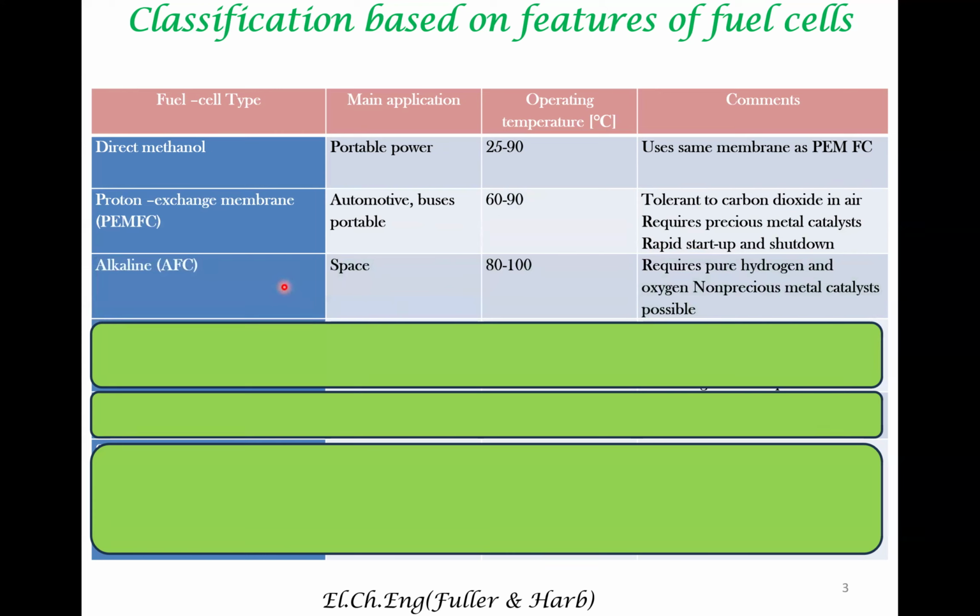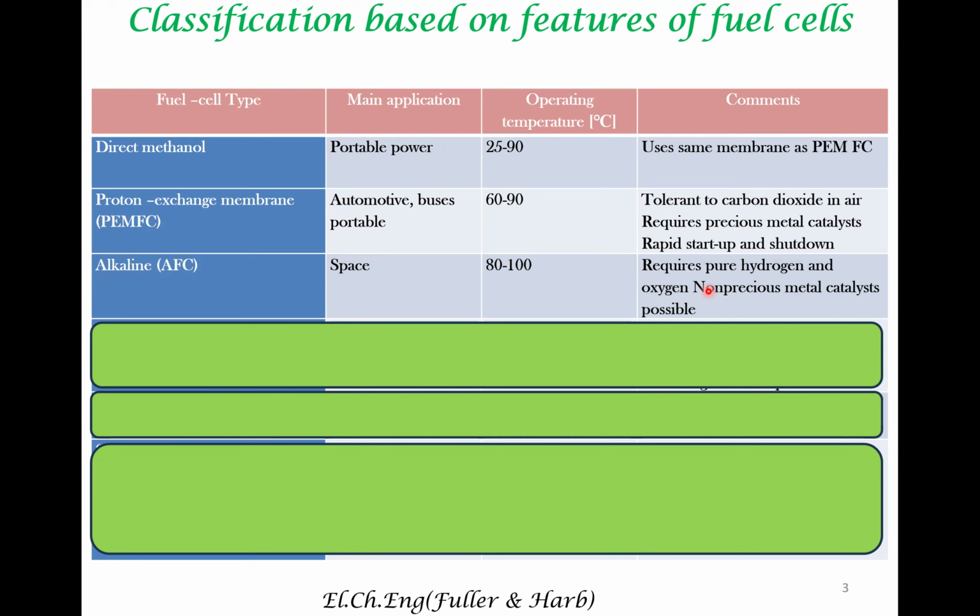There is the alkaline fuel cell, which is susceptible to carbon dioxide poisoning because of the alkaline nature of the electrolyte. Its operational temperature is slightly higher than PEMFC, and it requires pure hydrogen, but it has the advantage of not needing precious electrocatalyst.